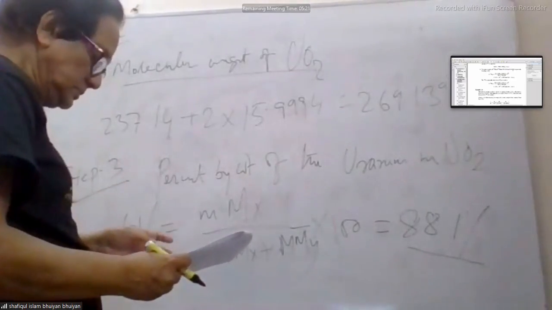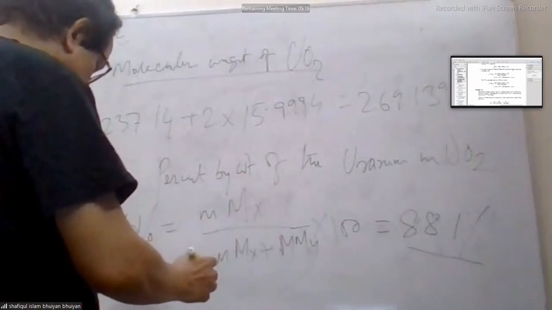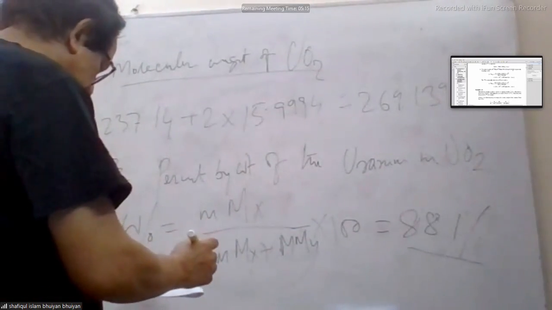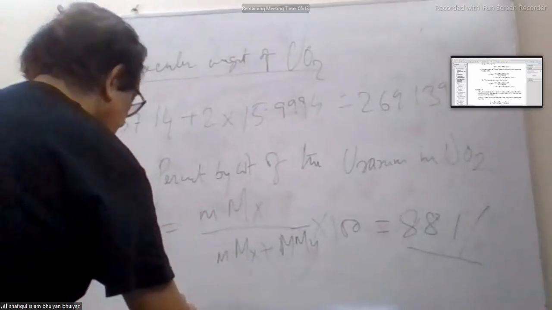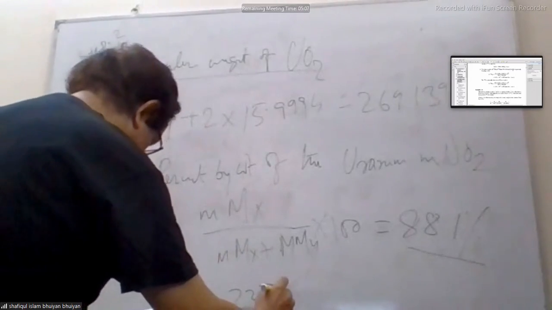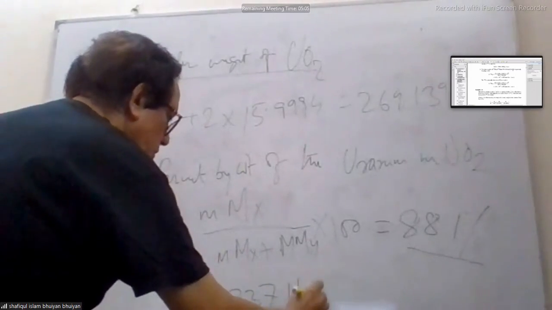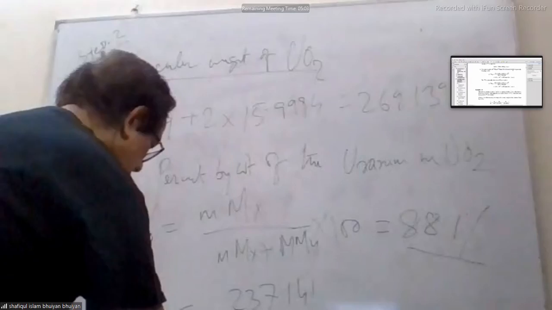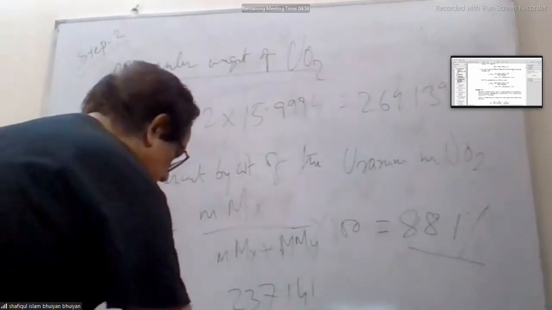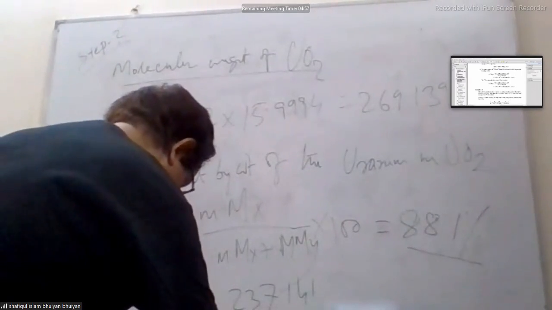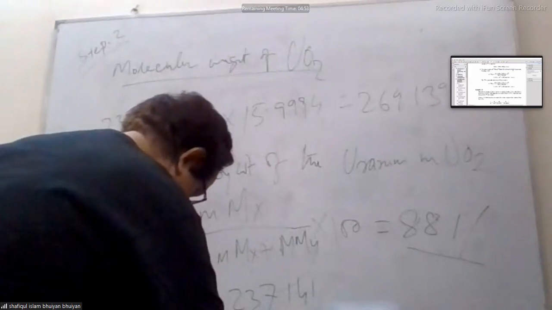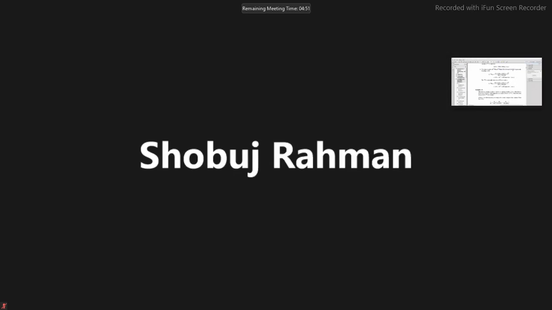This will be 237.141 divided by 269.139 multiplied by 100.